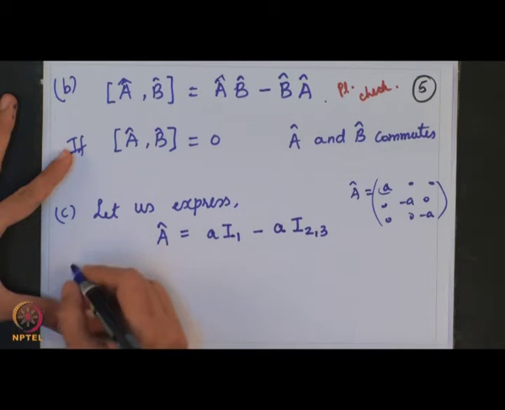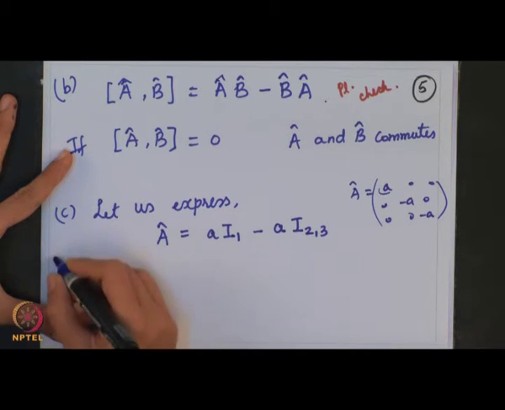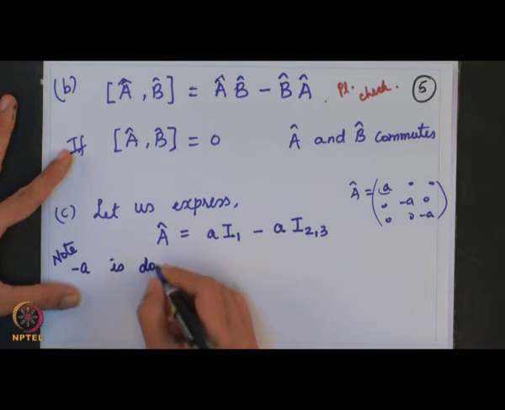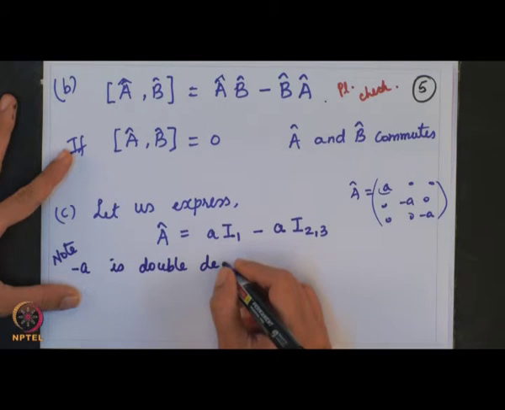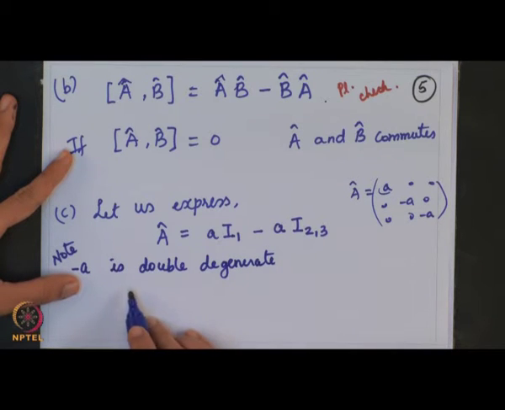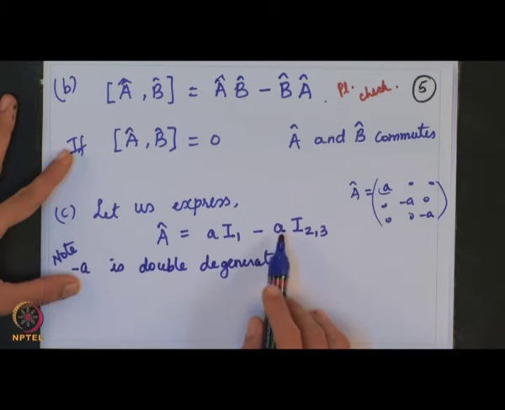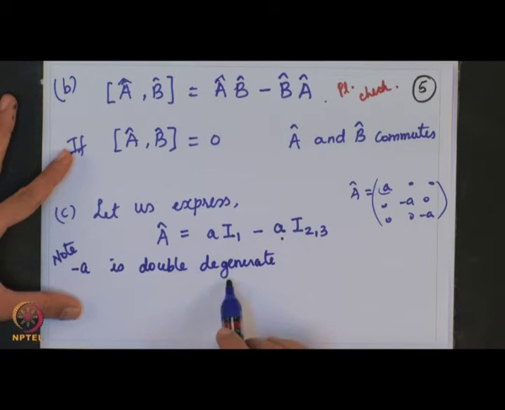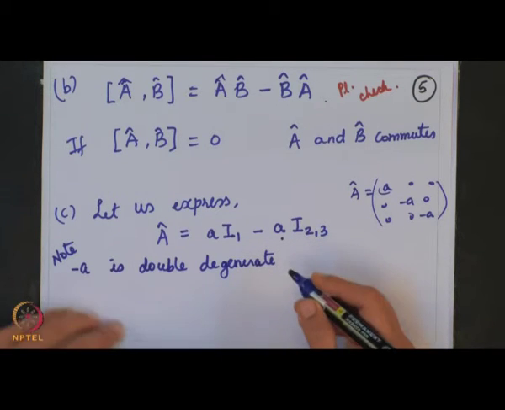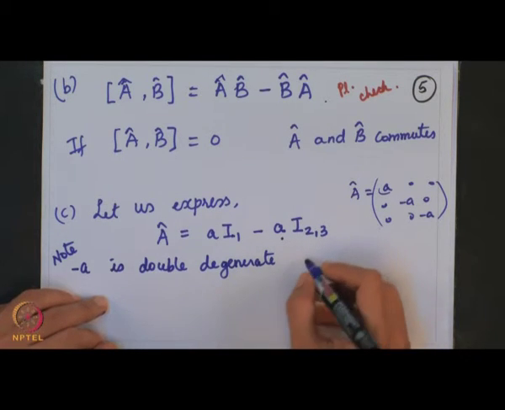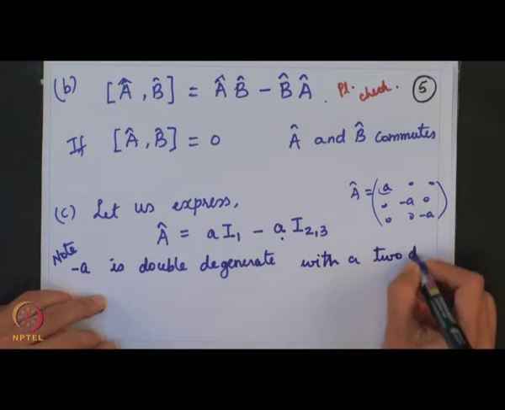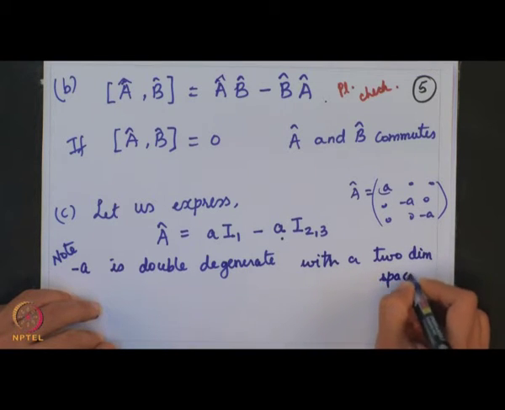Then what we do is, just note this, that minus a is double degenerate. The eigenvalue minus a is double degenerate, with a 2-dimensional space.